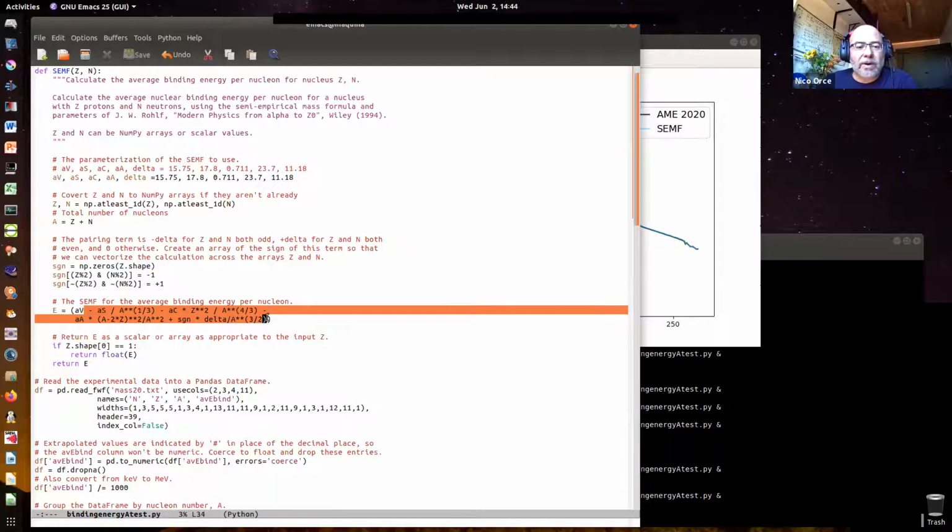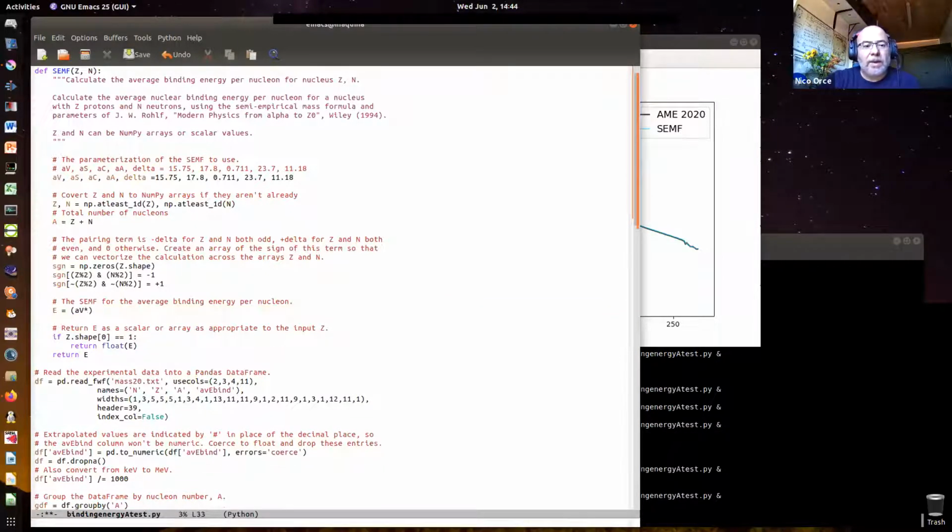If we multiply, we reduce all these terms. We multiply by A. That will imply that we have this adding of charges together, right?